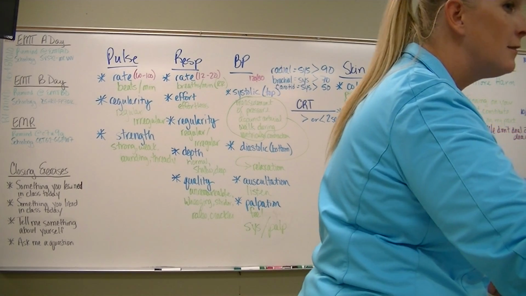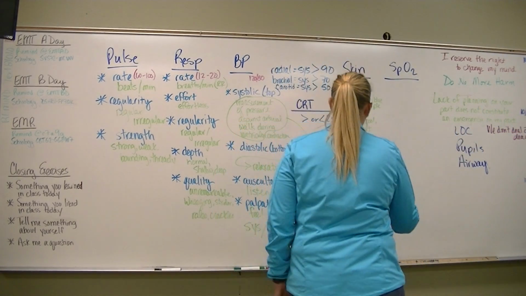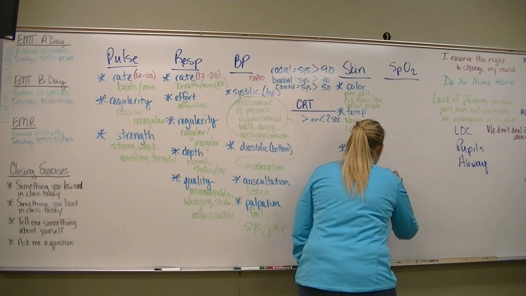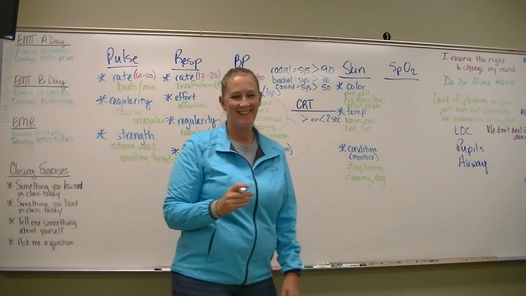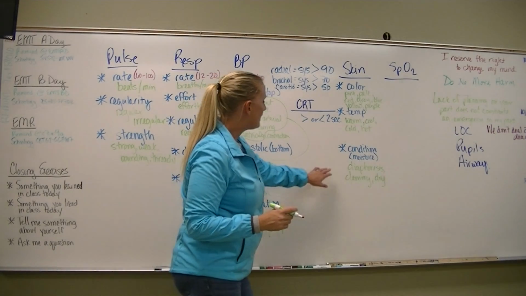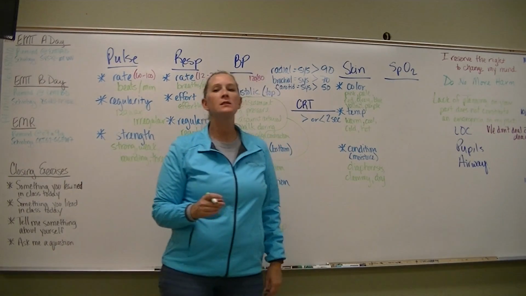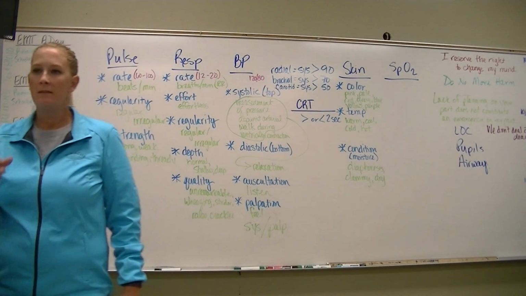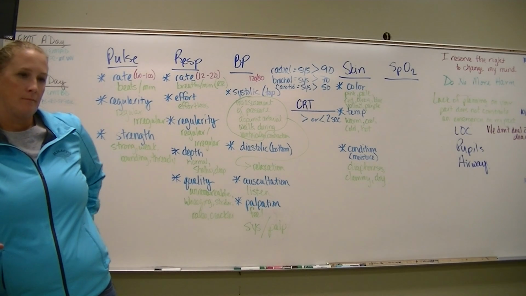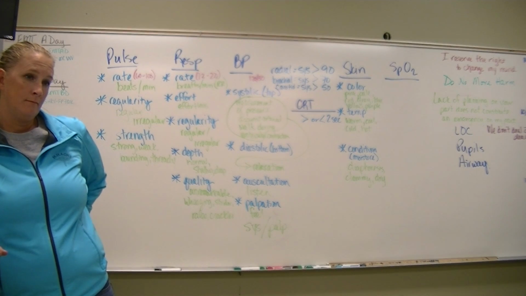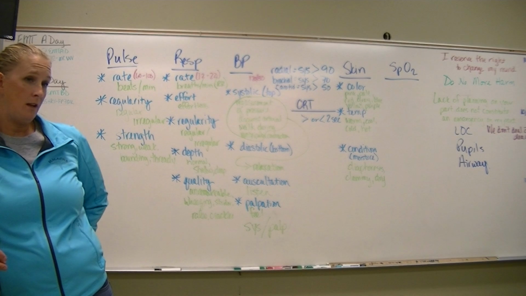Your hands are dry. Dry. You're not clammy because you're on camera? Okay, so we have diaphoresis, we have clammy, we have dry. What else do we have? Anything? Are we missing anything?